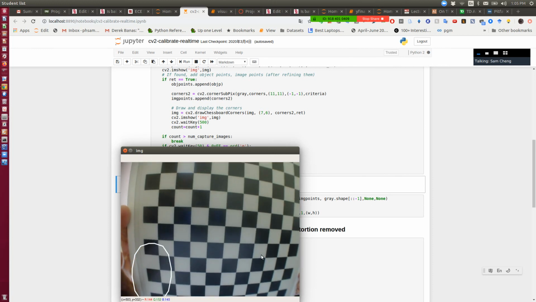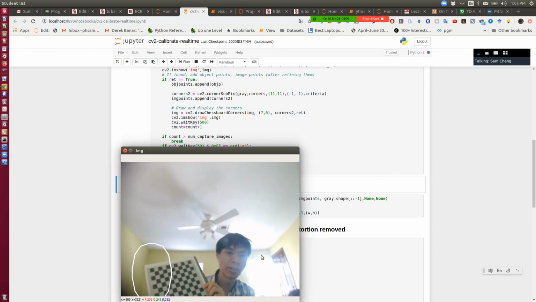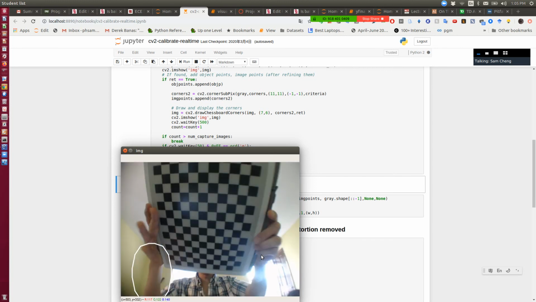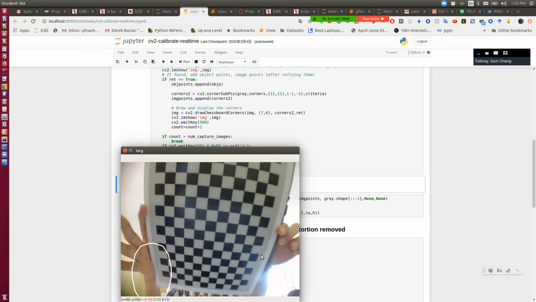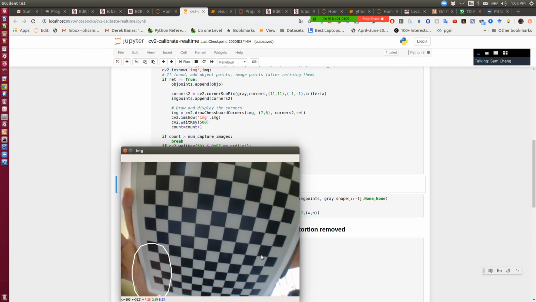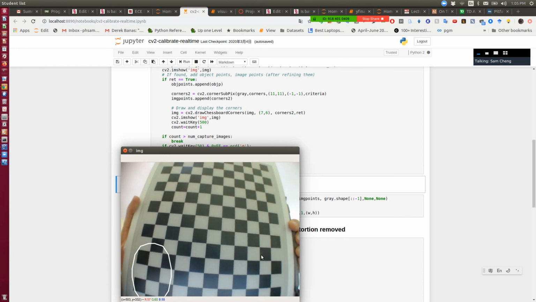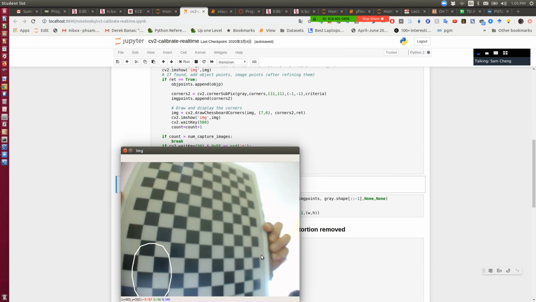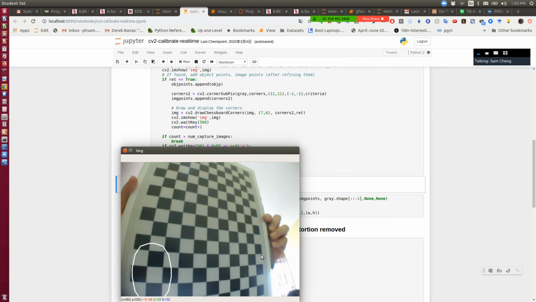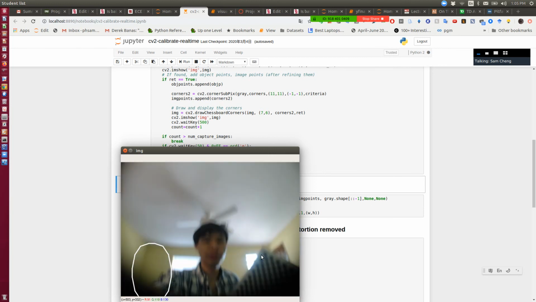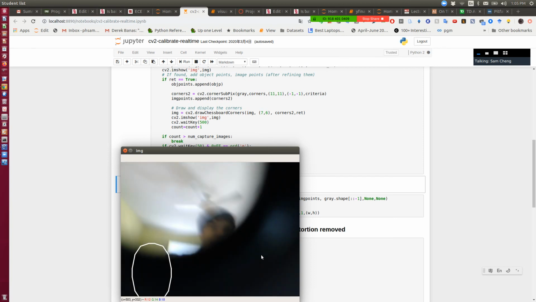Oh, I don't know why it's not able to. It refused to find the points here. Sometimes it's a little bit annoying. But anyway, okay, maybe I will just give this lens, because I was able to do that earlier.